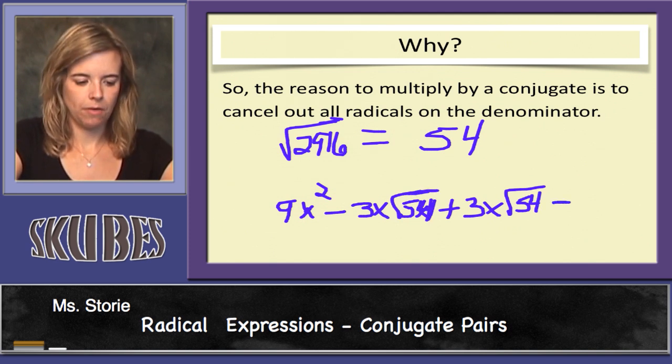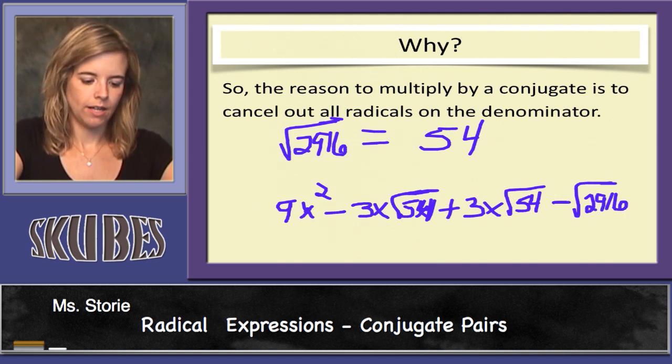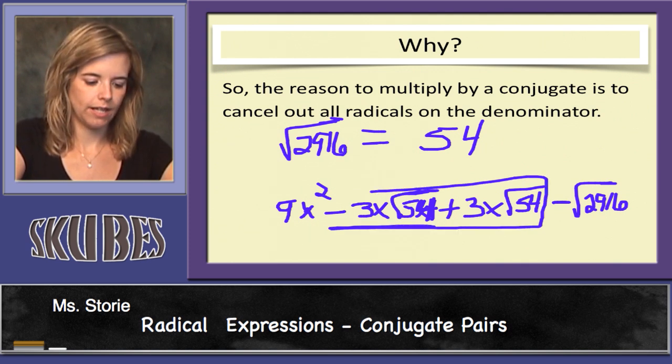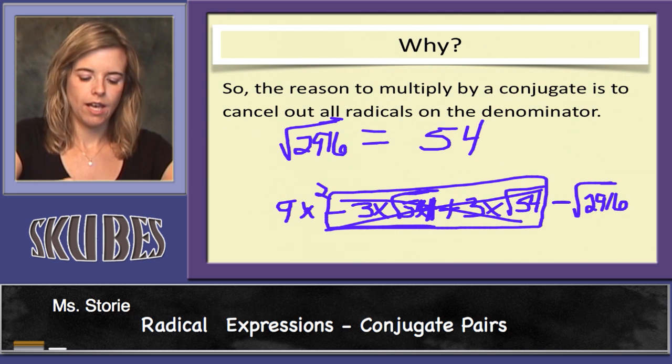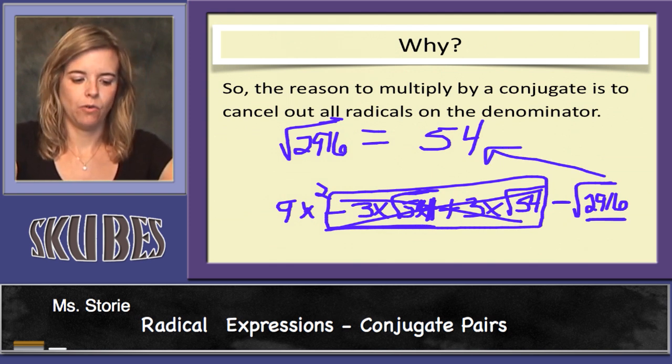And then you're going to have minus radical 2916. Now we just said that 3x radical 54, the negative and the positive one together, cancel each other out. And this right here turns out to be a positive 54.